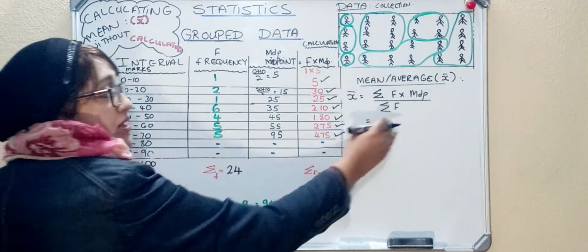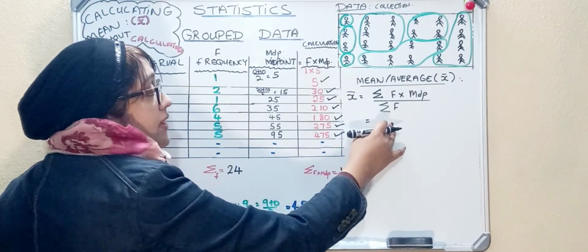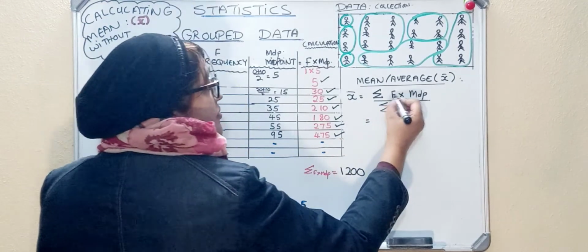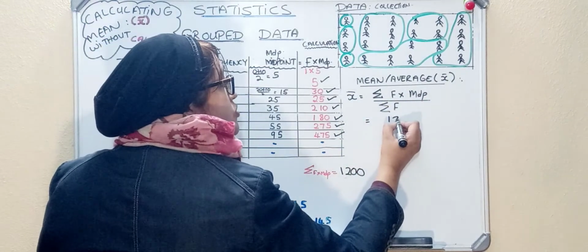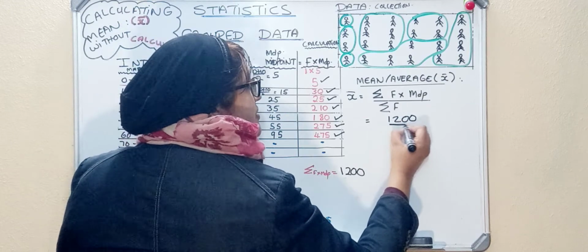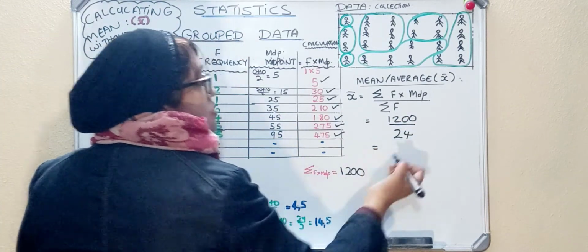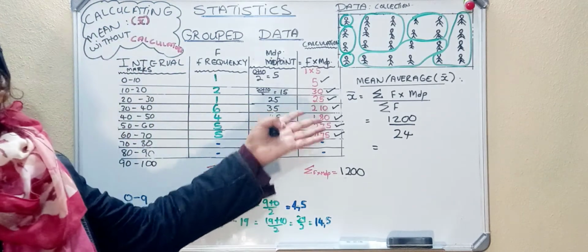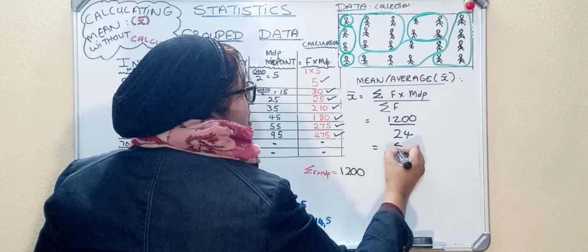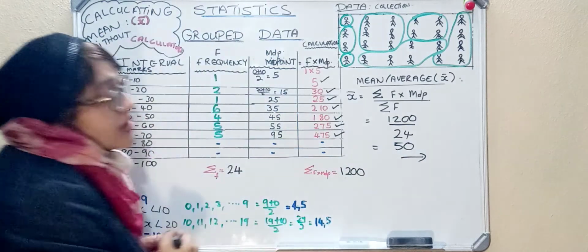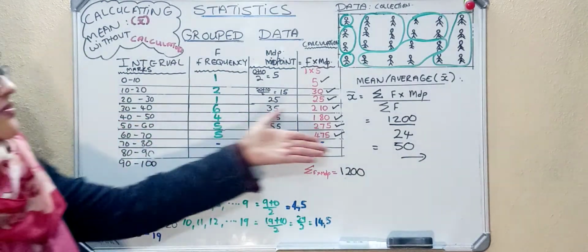Okay, so now I'm going to substitute it into my equation. So it's the sum of the frequency times the midpoint, which is 1,200, divided by 24, and use your calculator. It should give you an answer of 50. Okay, so this class average is 50%.